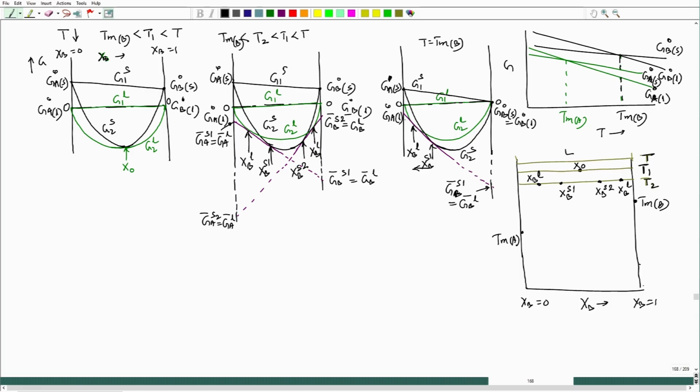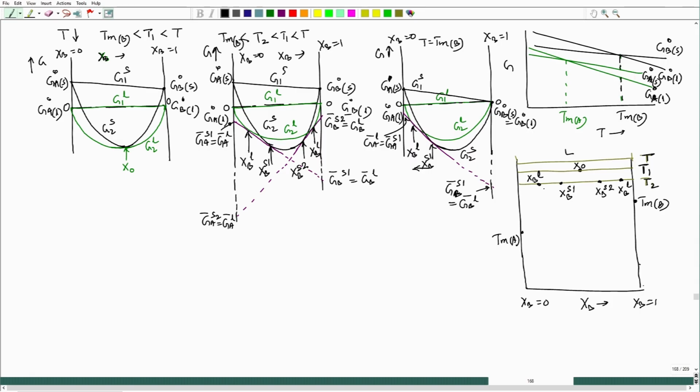Now here at this location we have a situation GA bar of liquid equal to GA bar of S1. Fine. So that means we have equilibrium, and this way is G, XB is varying this way, XB equal to 1, XB equal to 0, XB equal to 1, XB equal to 0.